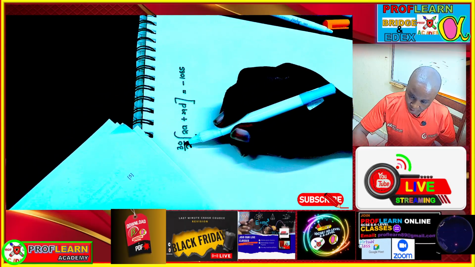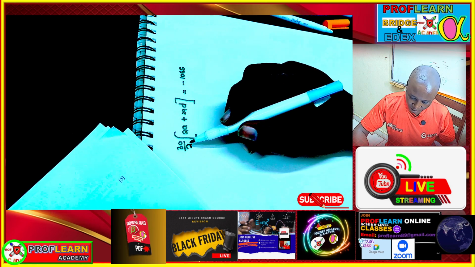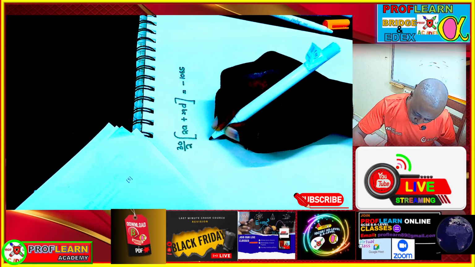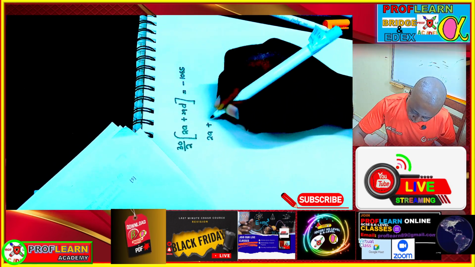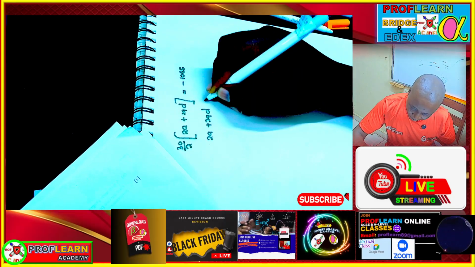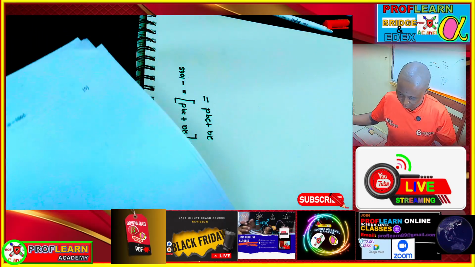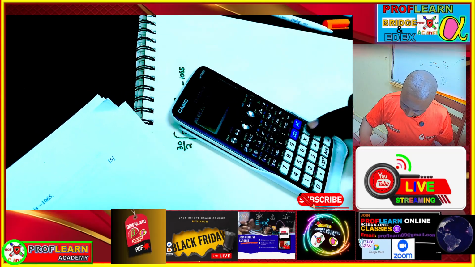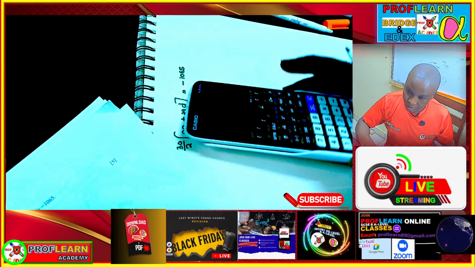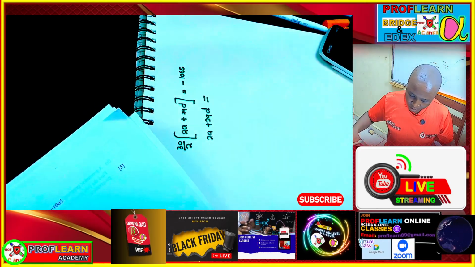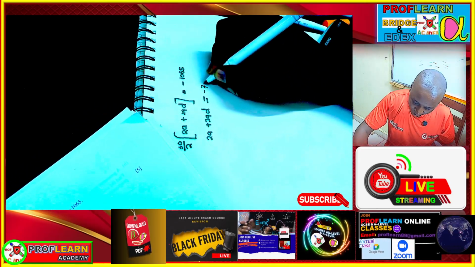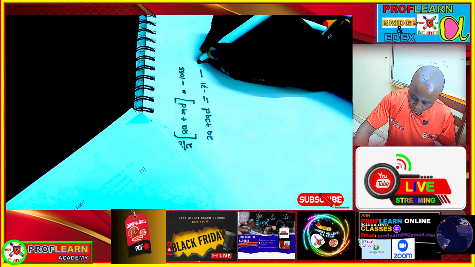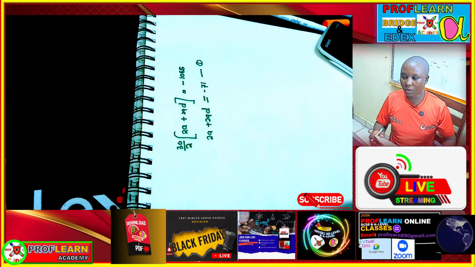So if you divide here, you're going to have 15. So meaning that we are going to have 2a plus 29d equals what? If you take negative 1065 divided by 15, you are going to get negative 71. So if you have negative 71 here, we are okay. We can say this is our equation number 1.